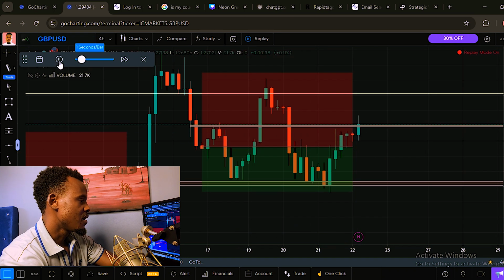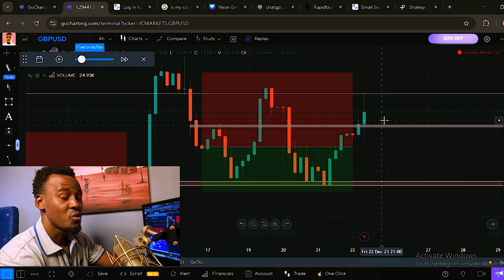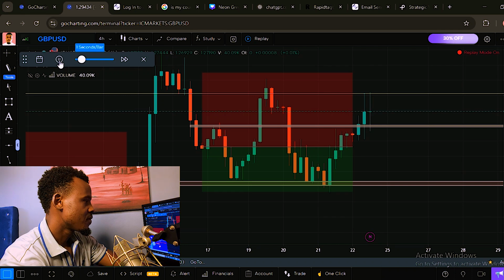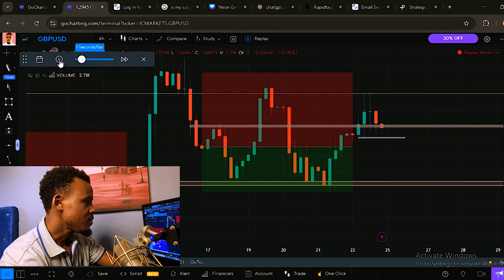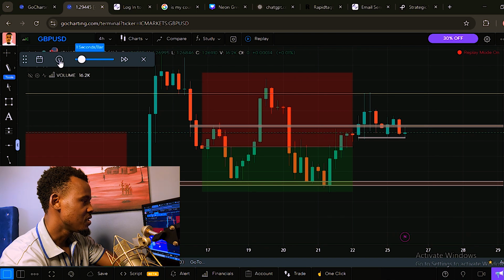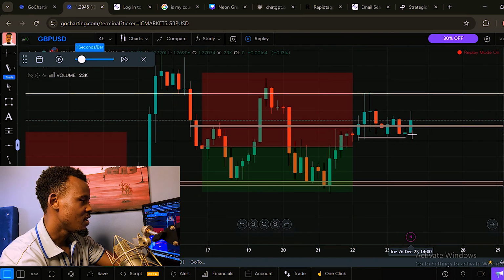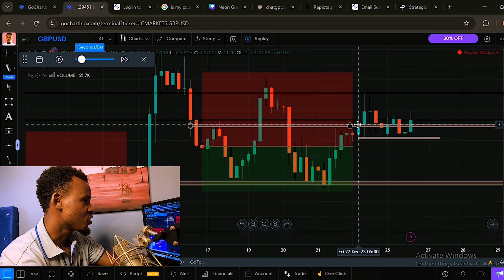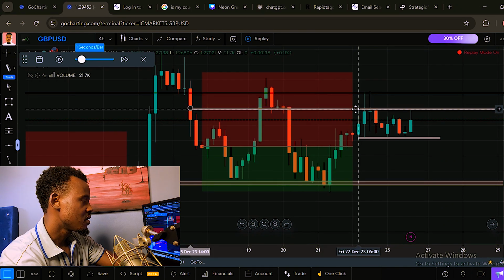Okay, I'm seeing multiple rejection there. Good. Don't get into the market until you see like 2 candlesticks. All right, okay, all right. It's ranging. It's ranging back to back again. So we have our new high here.